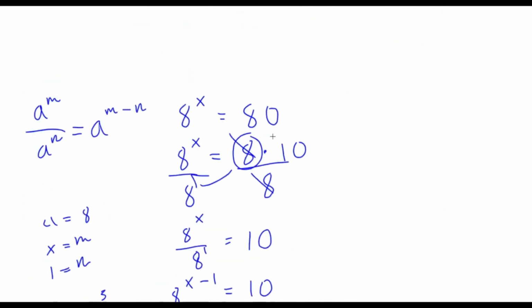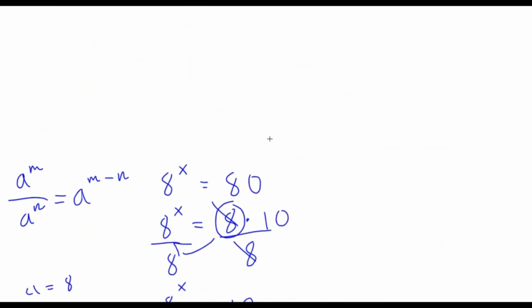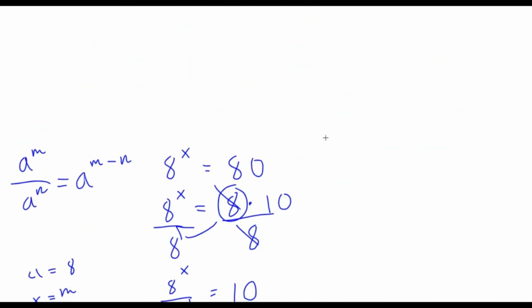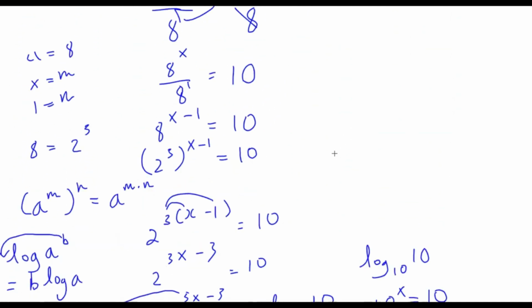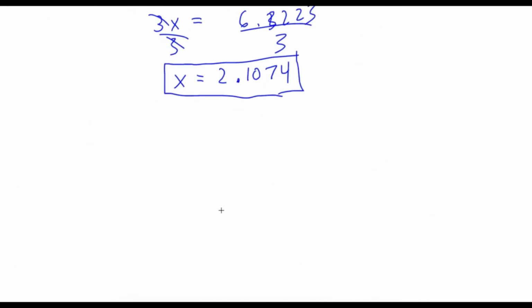And now, remember our original equation was 8 to the power of x is equal to 80. So if I plug in 2.104 into my calculator, so 8 to the power of 2.104, let me plug that into my calculator.